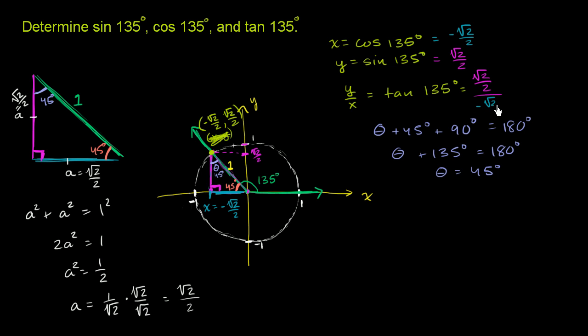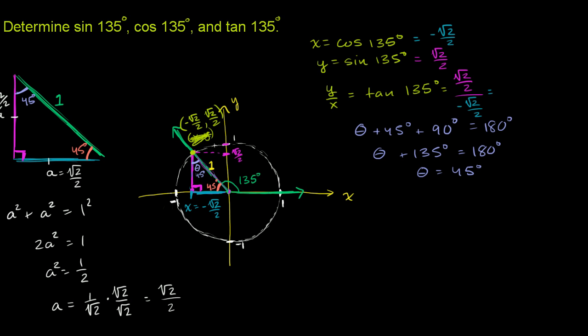And we're at the home stretch now, it's going to be equal to square root of 2 over 2 times the reciprocal of what's in the denominator, so times negative 2 over the square root of 2. Well, that cancels with that, and then you're just left with a negative 1. So this all simplifies to negative 1. So the tangent of 135 degrees is negative 1.